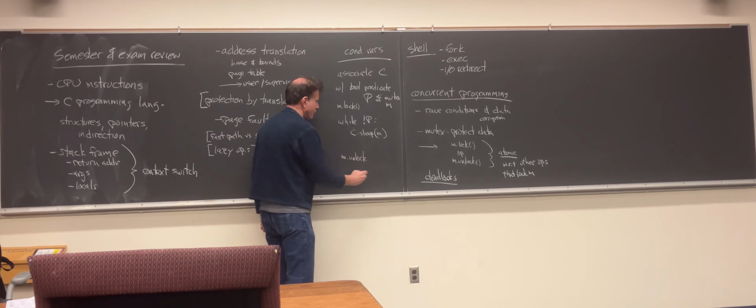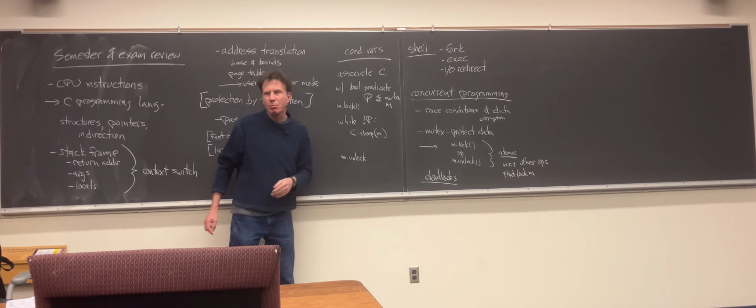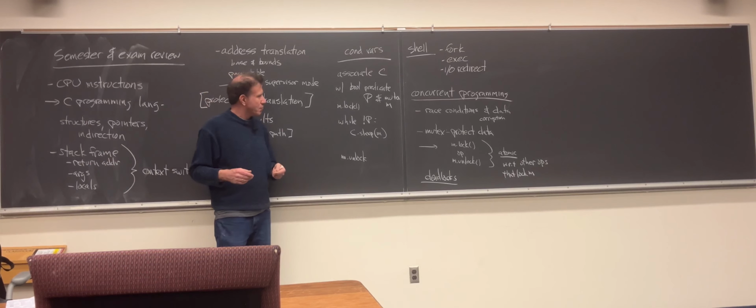Okay, so if we have a Boolean predicate, and because we're accessing that predicate from multiple threads, by predicate, I mean, for instance, the queue is not empty. That's a predicate. It's got a truth value. It's something that we're waiting for.